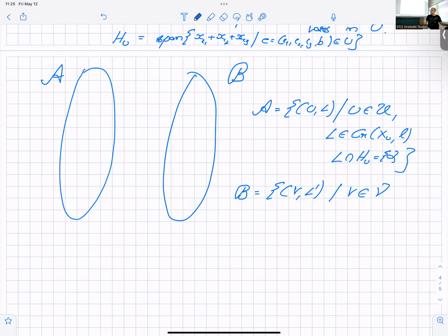So given U, which is a set of k equations, I have to put a bunch of vector spaces L. Which vector spaces L am I taking? Only those vector spaces that don't intersect H_U. And what is H_U? H_U is the span of those vectors.